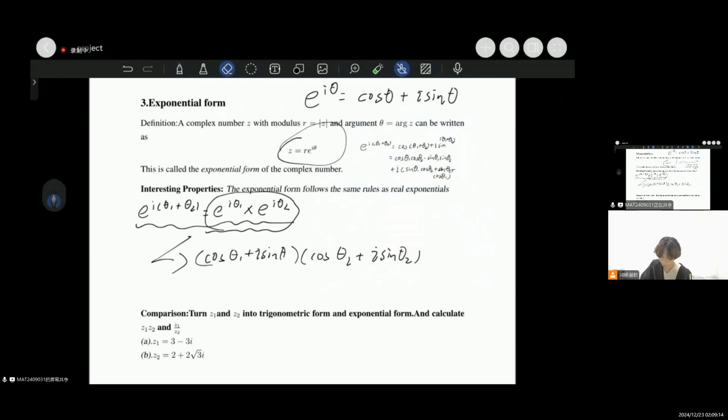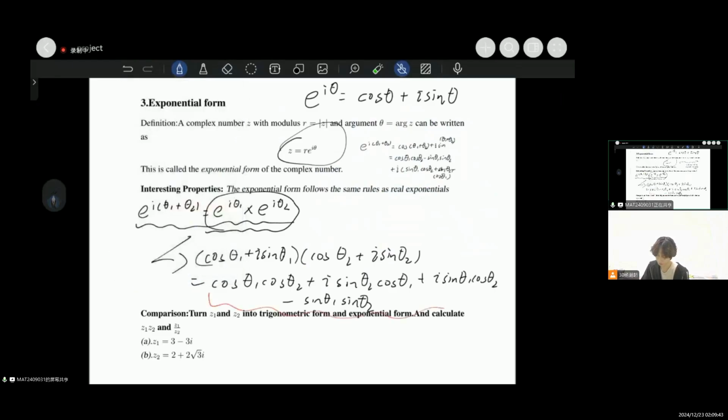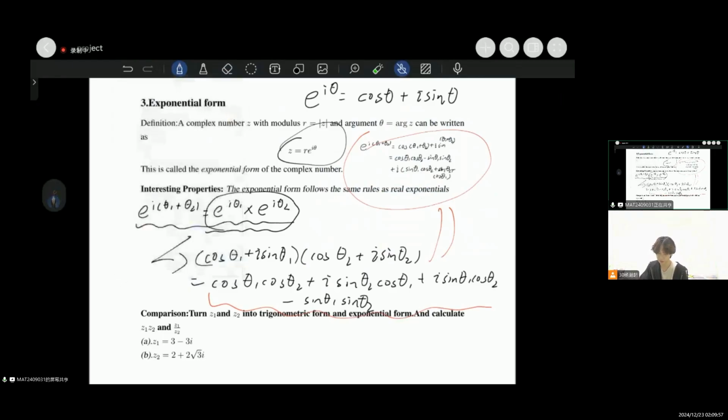There's a mistake here. And we will get this. And if you compare this with this, you will find these two are equal. And this is the first property, and there's no more space, so I will clear it and show the next one.